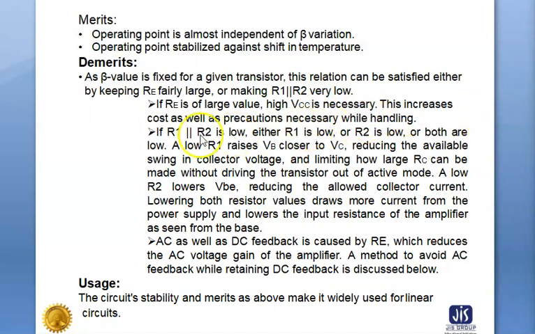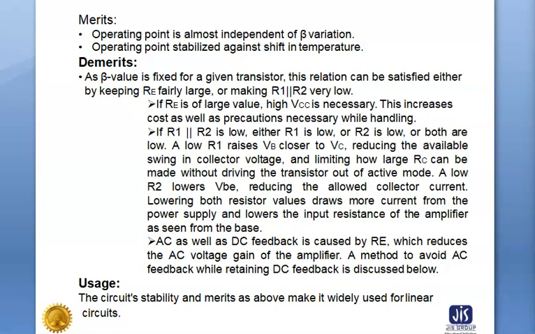And if the equivalent of RB1 and RB2 is low, either RB1 is low or RB2 is low, or both are low. Okay, a low RB1 raises VB closer to VC, reducing the available swing in collector voltage and limiting how large RC can be made without driving the transistor out of active mode.